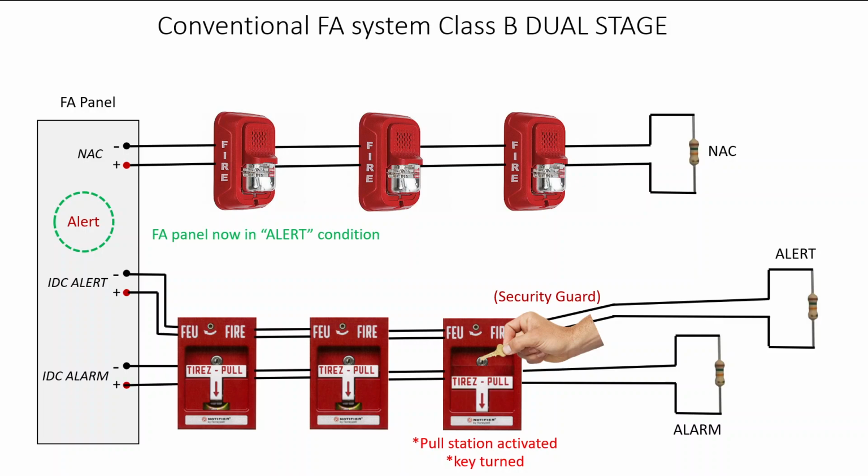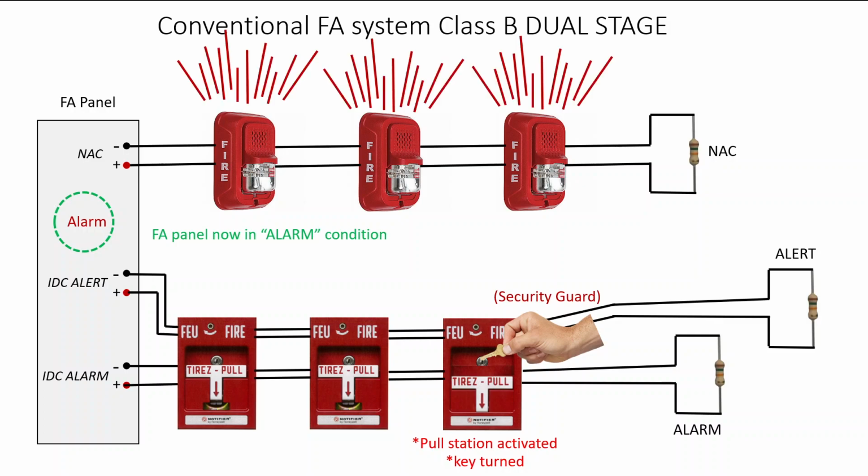And what that does is it closes the second set of contacts within the pull station, which causes an increase in current on the alarm IDC loop wiring. That then causes the fire alarm panel to acknowledge that there is a full alarm now, and it will trigger the notification appliances to turn on by flipping the polarity of their terminations.